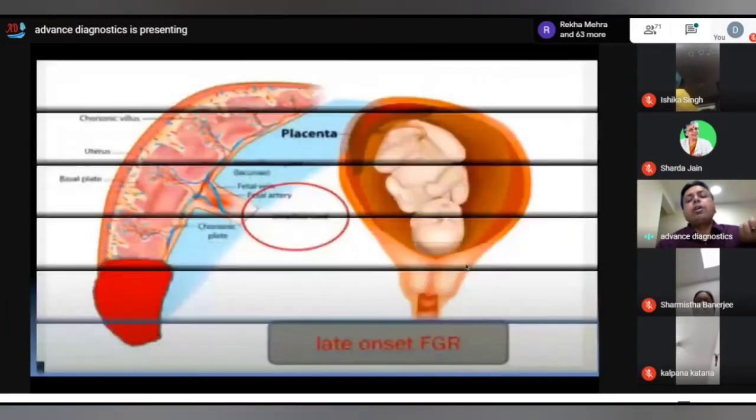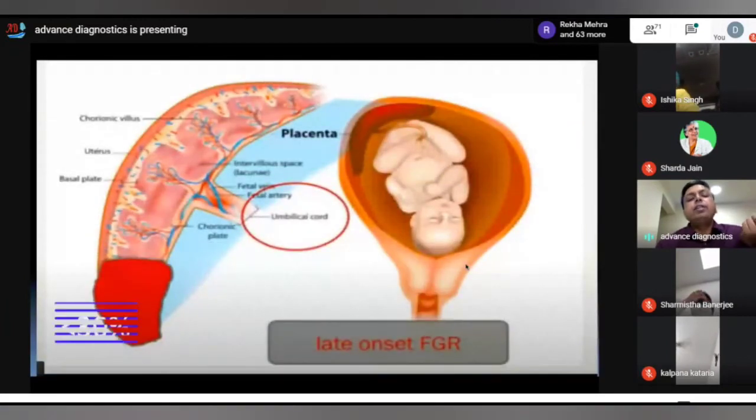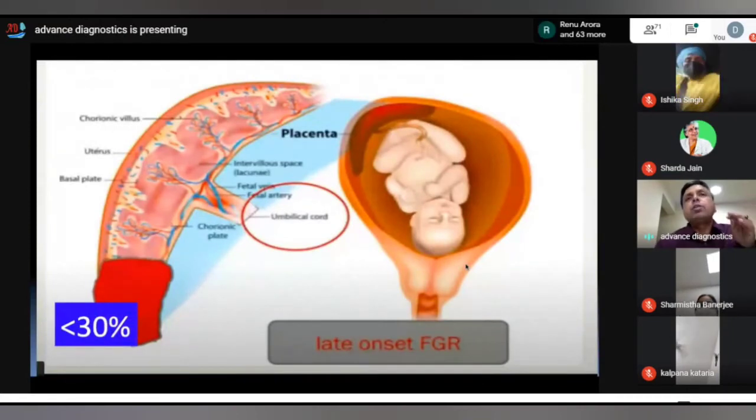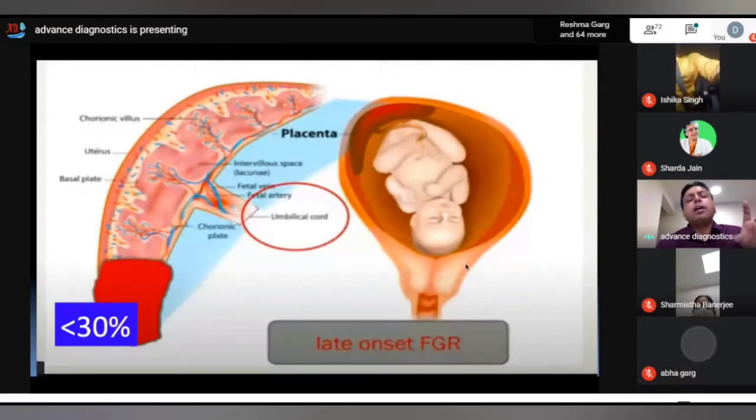And late onset FGR is when less than 30% of the placenta is involved. So the fetus grows to near normal size, or to some extent, and the nutrition and oxygen supply is hampered only when the fetus grows to a certain size and its demand increases.